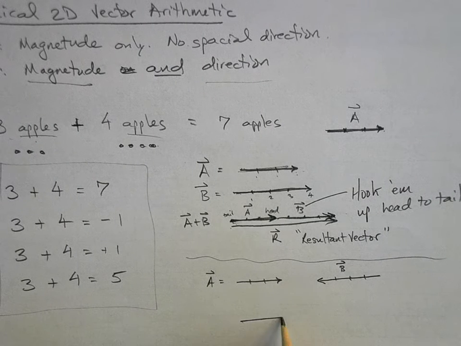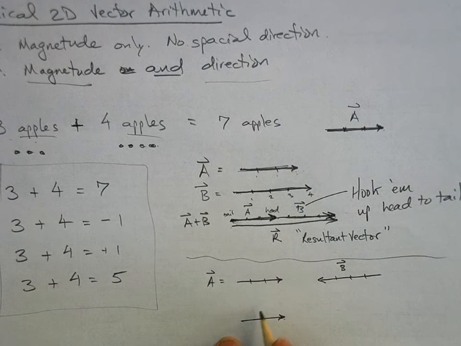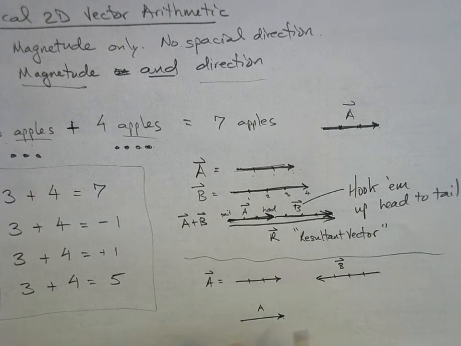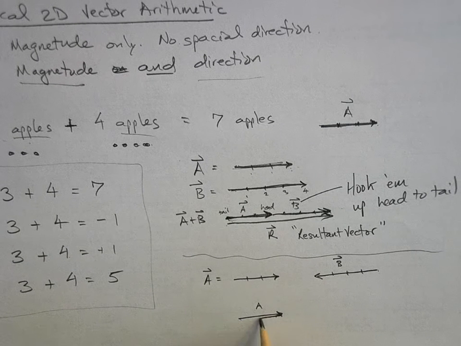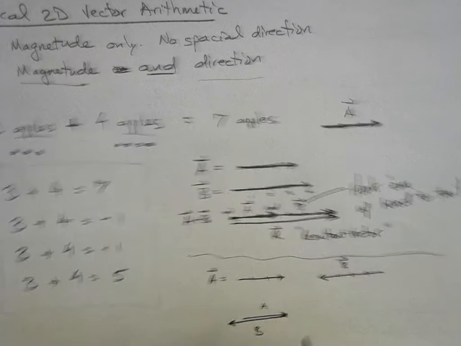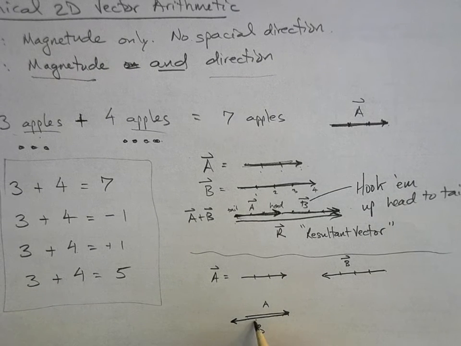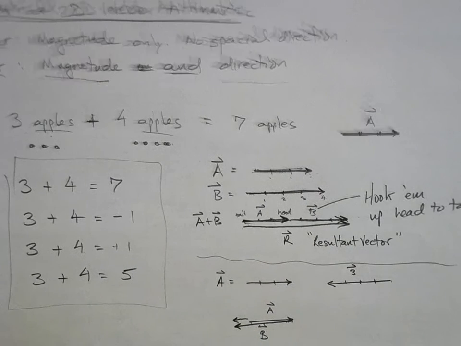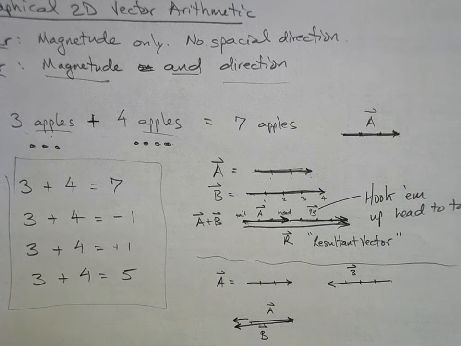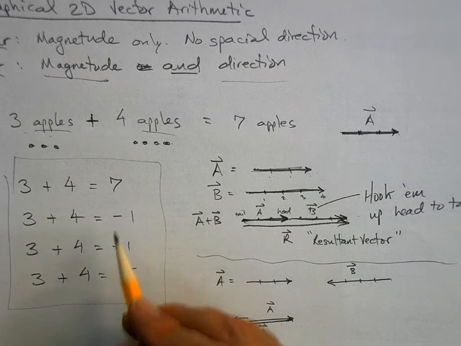I put A, but then I hook them up head to tail. So the tail of B hooks up onto the head of A, and it just goes back. So there's B. So what did I do? What's R? R is in that direction. R is now equal to -1.